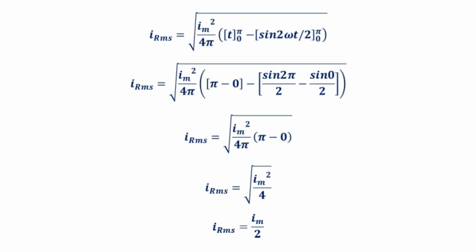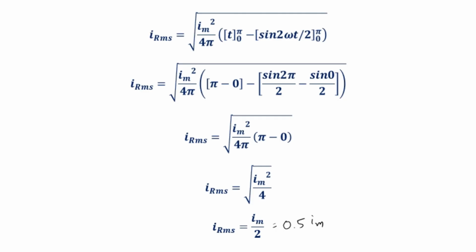Substituting the limits, IRMS equals under root of Im square by 4 pi into t with the limits 0 to pi, and sin 2 omega t by 2 with the limits 0 to pi. Sin 2 pi is 0 and sin 0 is also 0. Then pi and pi cancel, and the value of IRMS is Im by 2, which equals 0.5 Im. This is the value of IRMS.